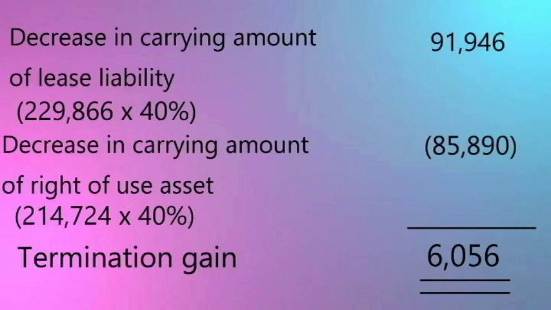So, yung difference sa dalawa na 91,946 then yung 85,890 is equals to 6,056. So, as we can see, mas mataas yung decrease in carrying amount of lease liability kesa sa decrease in carrying amount of right of use asset. So, based sa IFRS 16, pag ganun yung situation, magkakaroon tayo ng termination gain. So, dito, yung 6,056 natin is termination gain.